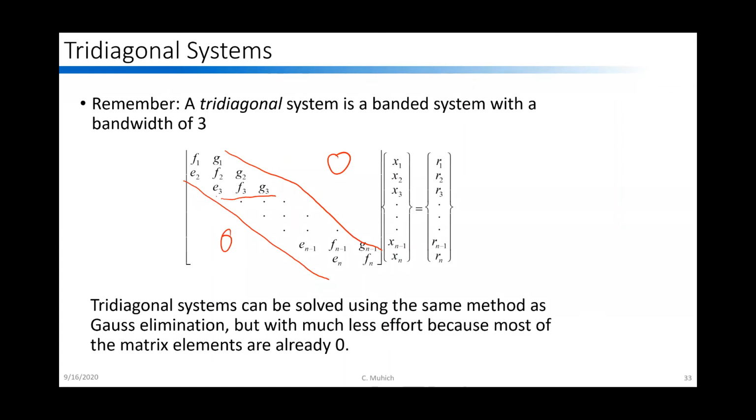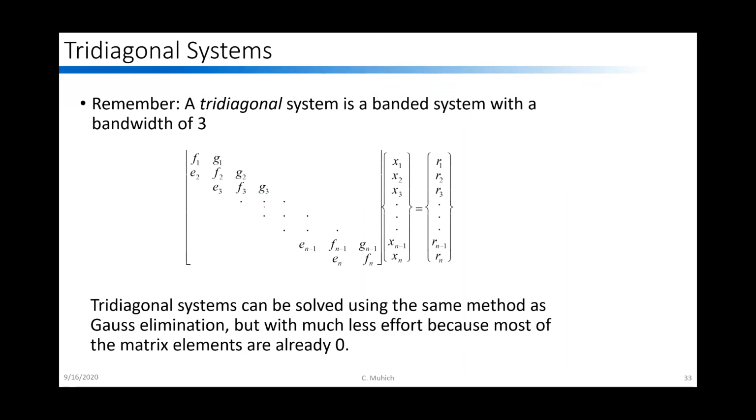So we have 3 elements in a row that are not 0, and everything to the left is 0 and everything to the right is 0. This tridiagonal system is solved in the same way as Gaussian elimination, but it's much easier because we already have a lot of that work done for us, since we already have a lot of zeros in our matrix.